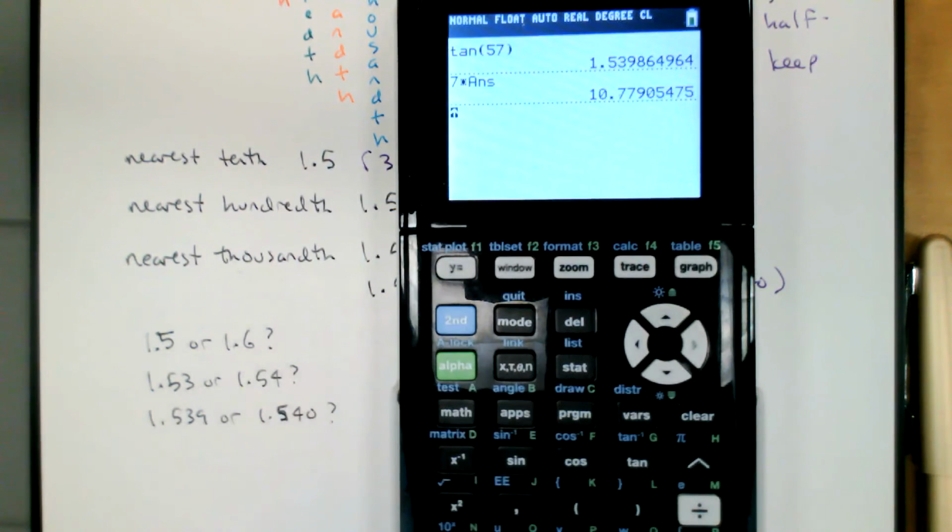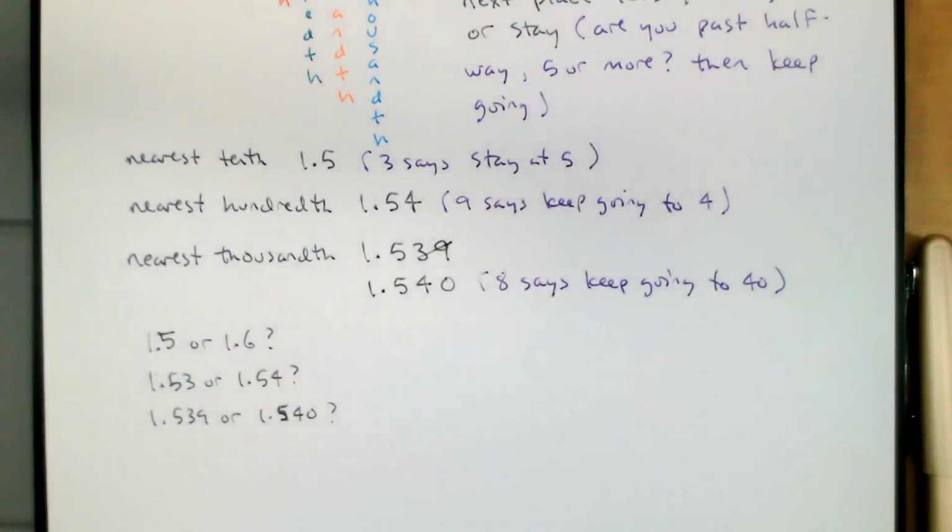Notice that we've replaced the 1.539864964 button with now a 10.77905475 button, which is a very specific button that doesn't last very long. So you should only round your final answers.